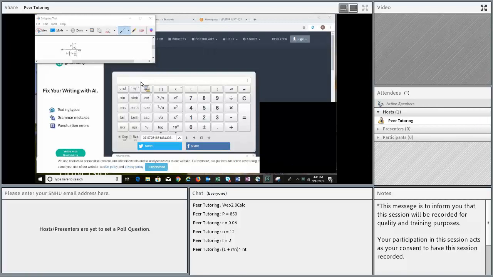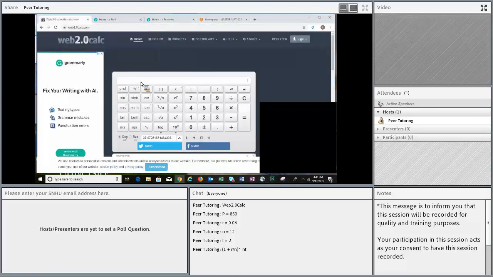Okay, so we're just going to focus on this part here. And I like to just be careful when I enter this in, just to make sure I have parentheses around everything. All right, and I'm going to raise this to the nt power.